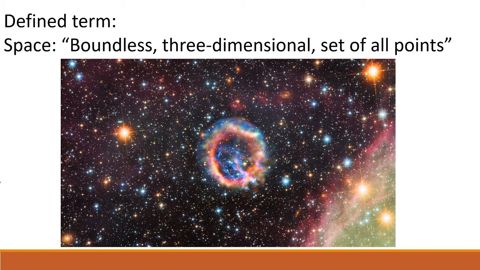Space is defined as a 3-dimensional set of all points. So points, an undefined term, is used to define space. Space is a defined term because it uses the word points in its definition. But space, again, goes on forever, left, right, up, down, front, back. Space is a 3-dimensional area that contains all the points in it.